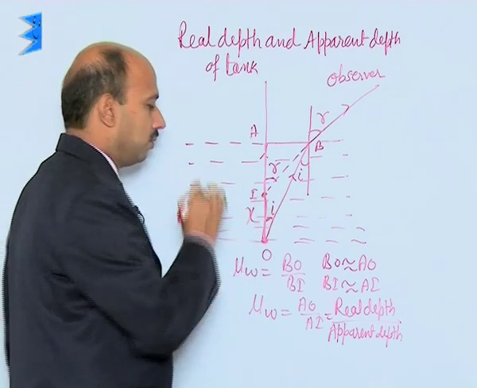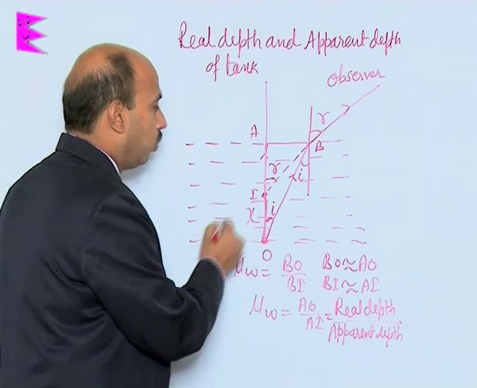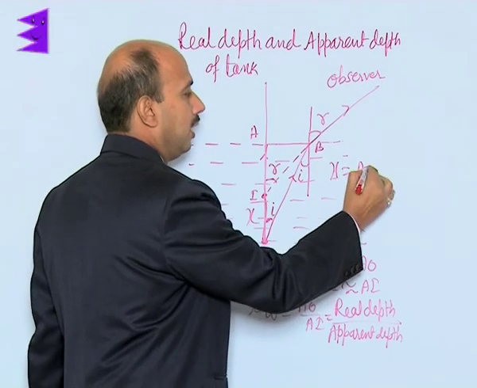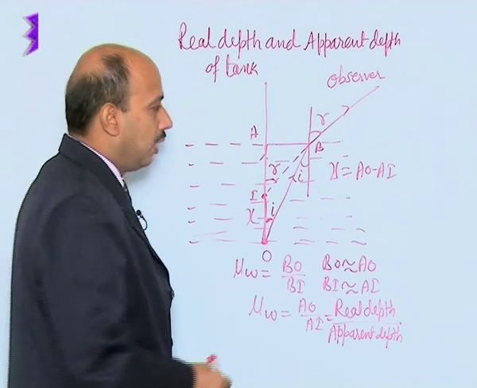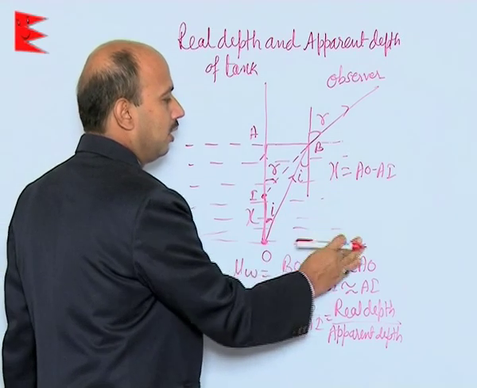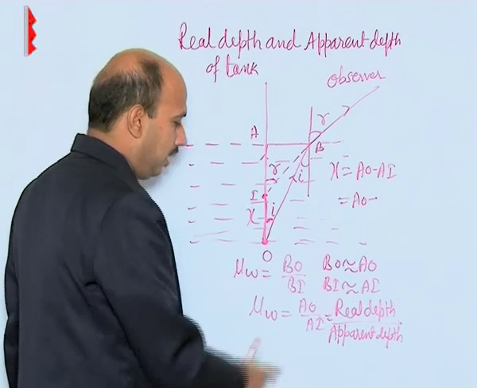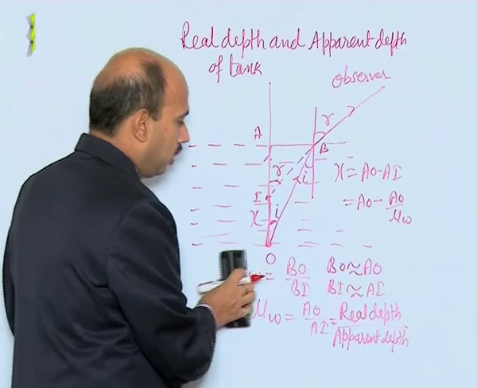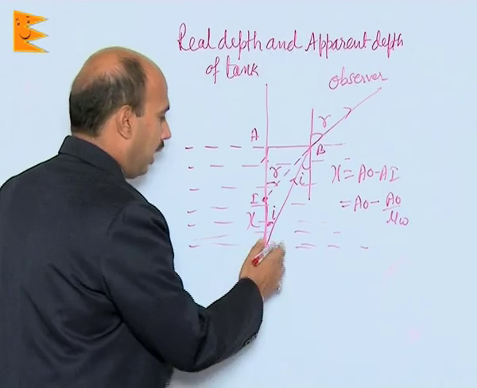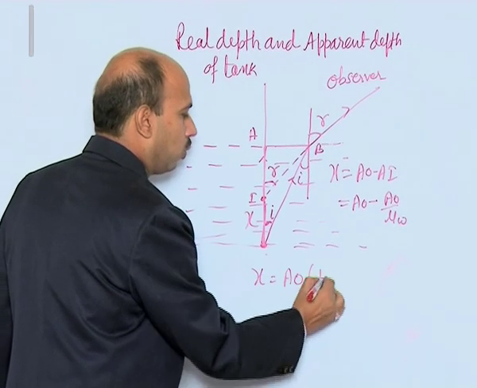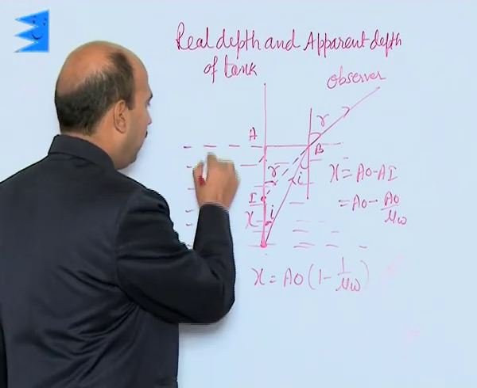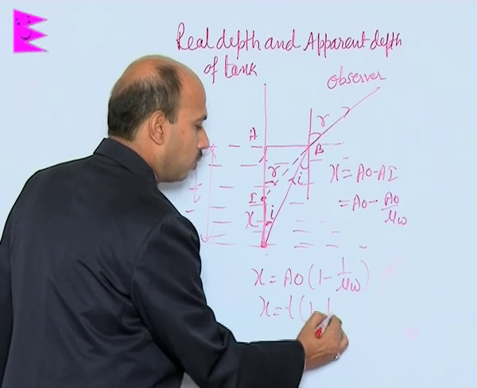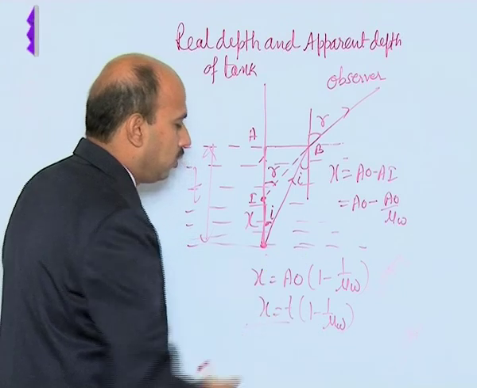Suppose this is x here. If it is x, so we can write x is equal to AO minus AI, and AO minus AI can be written as AO upon mu W. Now this can be written as x is equal to AO into 1 minus 1 upon mu W. AO we can take, this is the thickness of this medium T. So, we can write T into 1 minus 1 upon mu W. So, this x is actually known as shift.